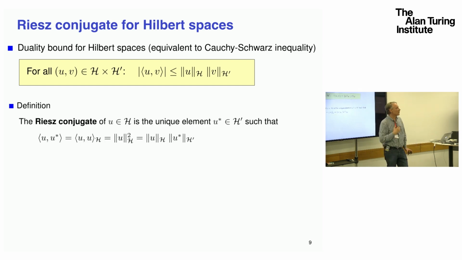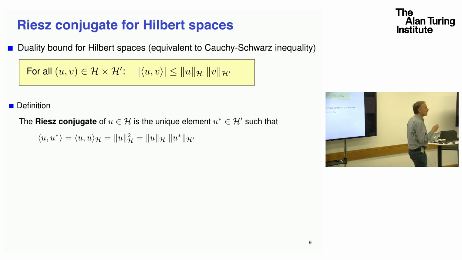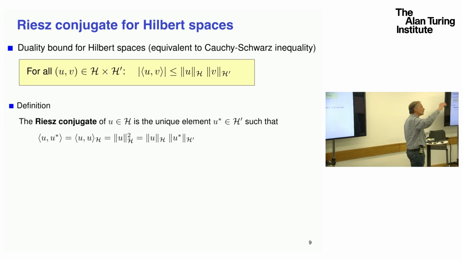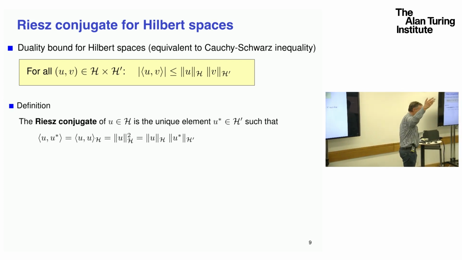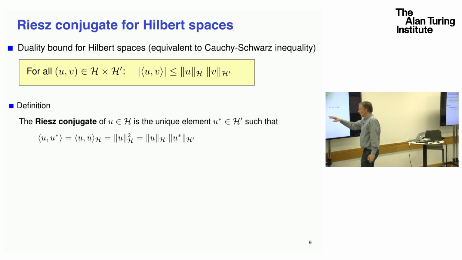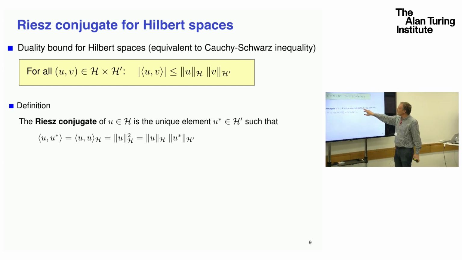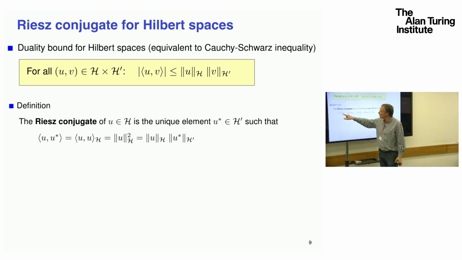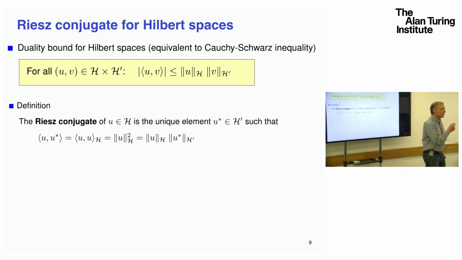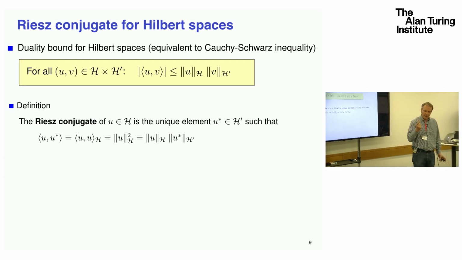Now there's the Riesz conjugate. That's also sometimes called the Riesz representer, and hence the name representer theorem. So the Riesz conjugate is the unique element in the dual space such that if you do the duality pairing between U and its Riesz conjugate, this is the same as doing the inner product of U with itself in the space, okay?